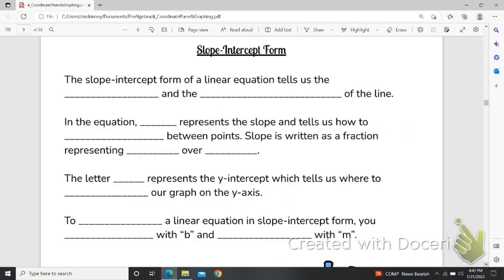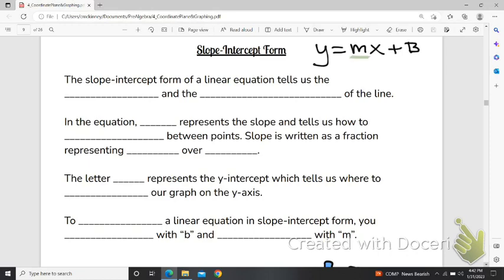On this next page, we actually have some things to fill in about slope-intercept form. I believe it's written below also in big letters, but I'll just go ahead and write it up here. Slope-intercept form is y equals mx plus b.